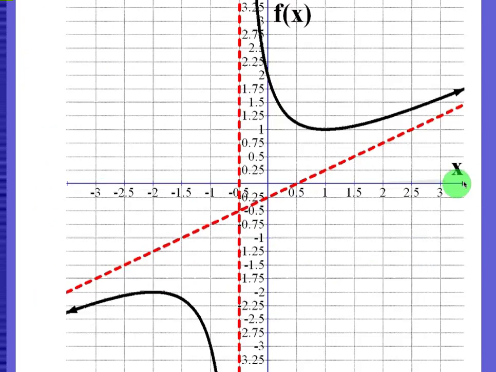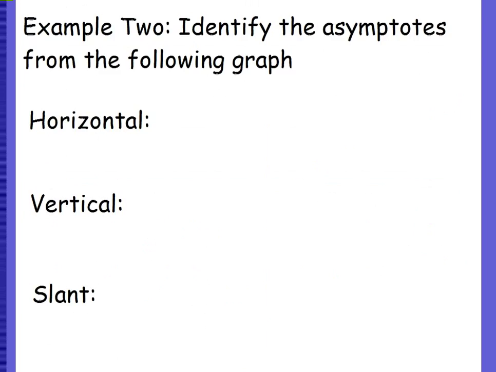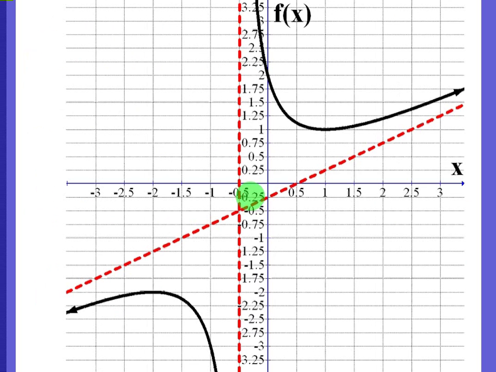There is none, right? No horizontal. There is a vertical, yes. No horizontal, okay? What is the vertical? X equals negative 0.5, that number right there, okay?